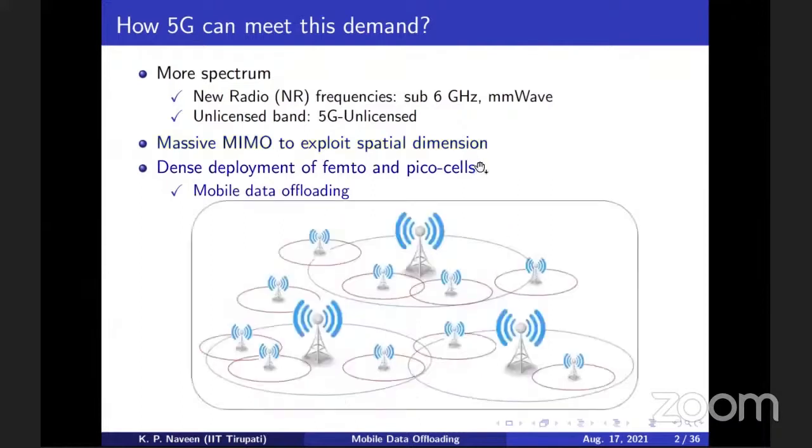Then the other approach is spatial reuse. The idea is to deploy a large number of femto and pico-cells, in addition to the existing large cell base stations, which are already operated by mobile operators. These small cells could be owned by private operators.